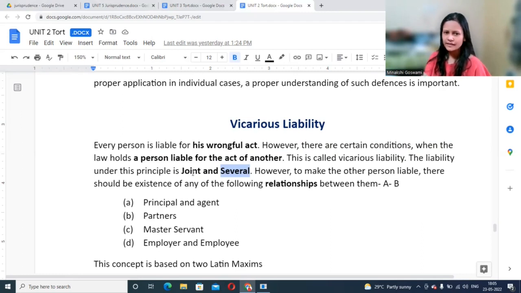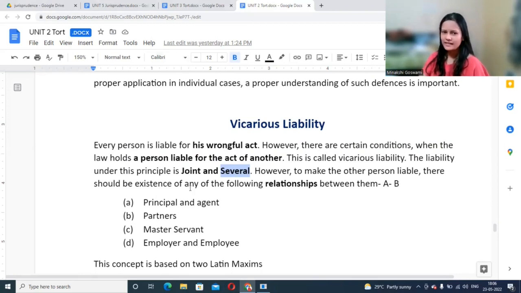It depends on the victim. The victim can decide whether he jointly wants to make the persons liable or he wants to make them liable severally or separately. As in, he cannot file multiple cases. If there are 3 people, he cannot file 3 cases, but he can choose one amongst those 3 and say, I want to file this case against this certain person only.